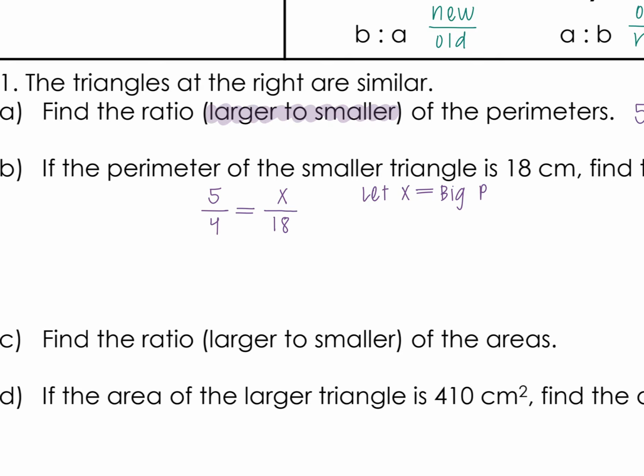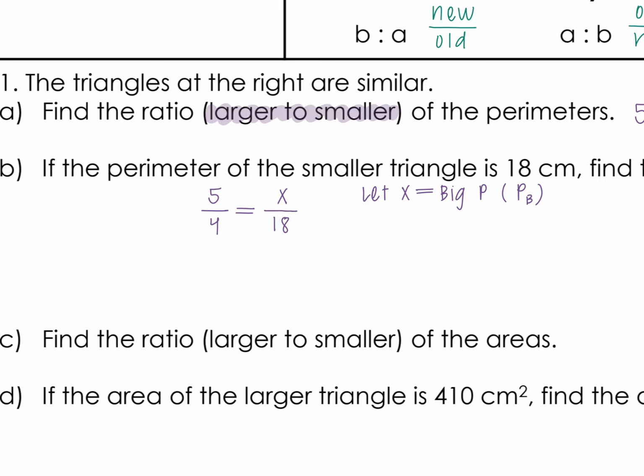Okay. Another way could be you would do P with the subscript of a B to show that it is the bigger perimeter. And if you use that in your proportions, you would not need to define your variable. It is already defined with the fact that you're specifying it's the bigger perimeter. So it's up to you.